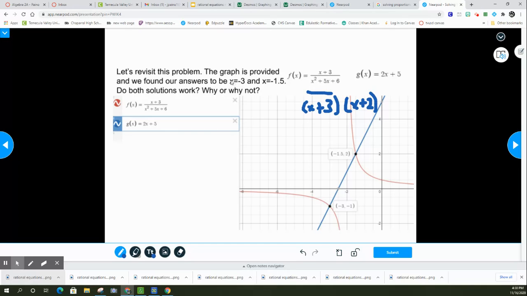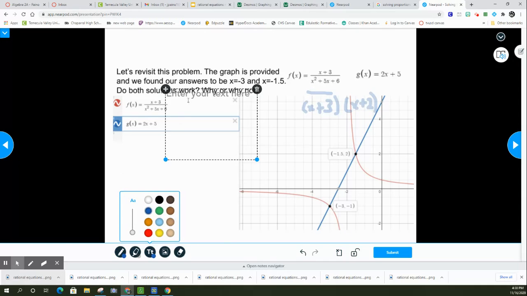Even though negative 3 shows on the graph here, remember Desmos doesn't show holes, so it still showed that as a point of intersection, although it's not intersecting anything there, because on the red graph it doesn't exist. It's going through a point that does not exist. So the graph kind of tricked us into thinking it was a solution, but we had to go back and check.